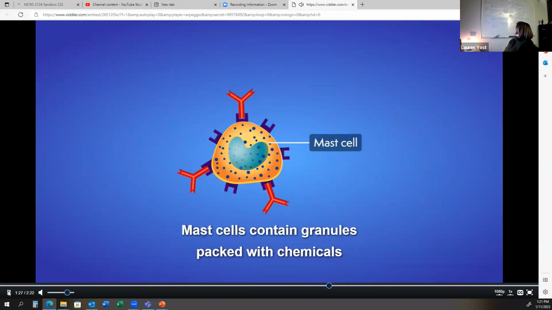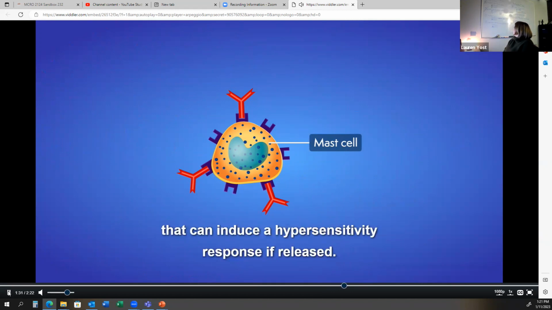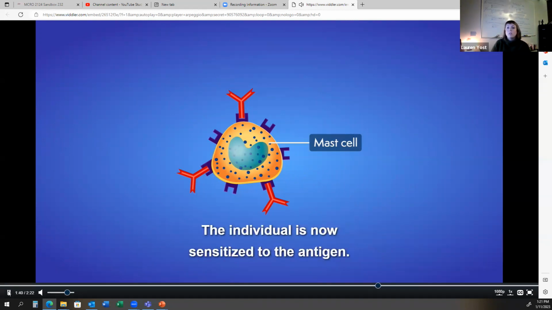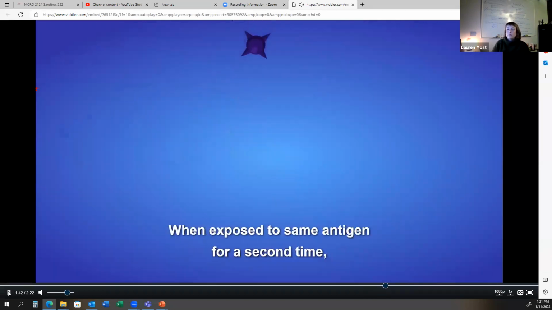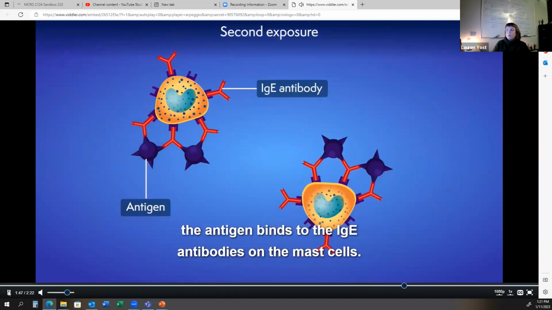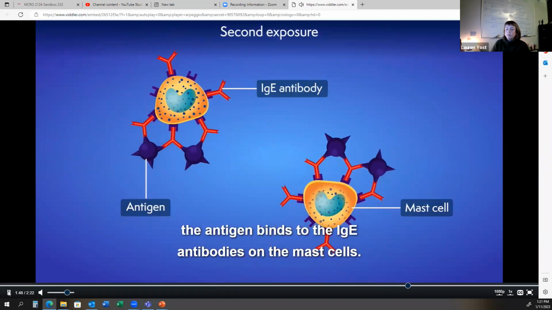As IgE is produced, the IgE molecules attach via their constant regions to receptors on nearby mast cells. Mast cells contain granules packed with chemicals that can induce a hypersensitivity response if released. Once attached, the IgE molecules persist for many weeks. The individual is now sensitized to the antigen. When exposed to the same antigen for a second time, the antigen binds to the IgE antibodies on the mast cells.